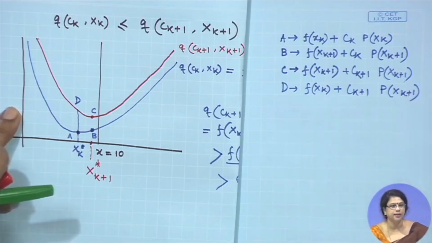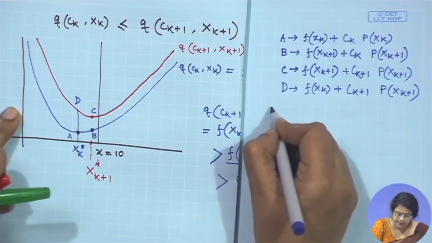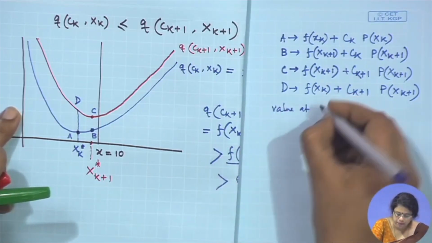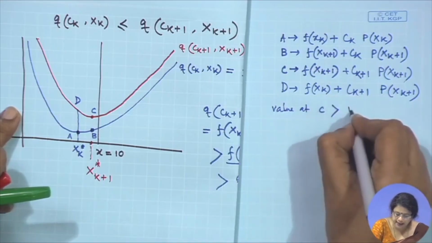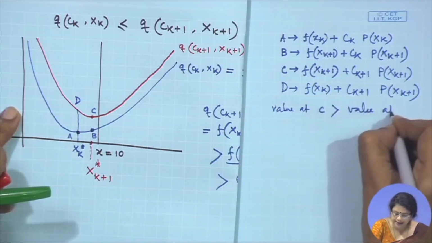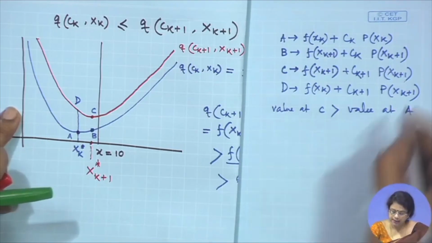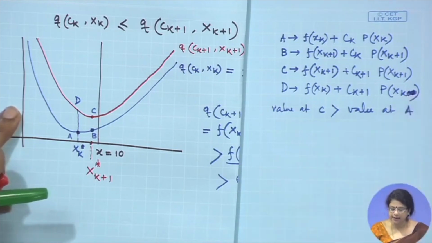All right. Now, one thing is that the value at C is higher than the value at A. There is no doubt about it. See, this is p(x_k) at point x_k. All right.